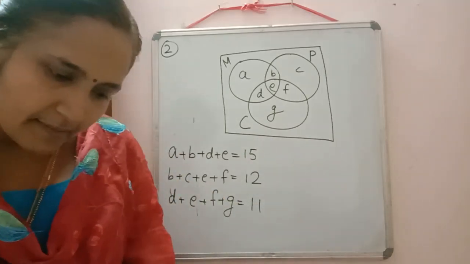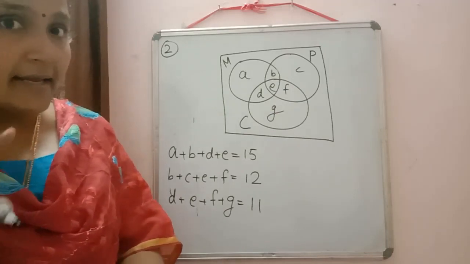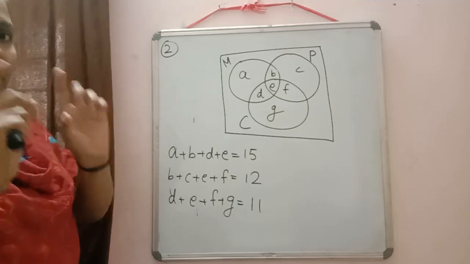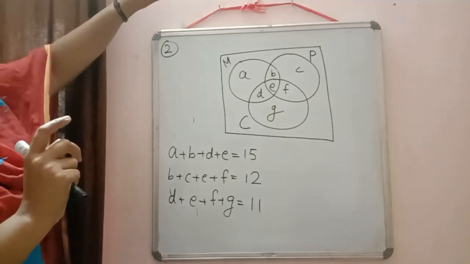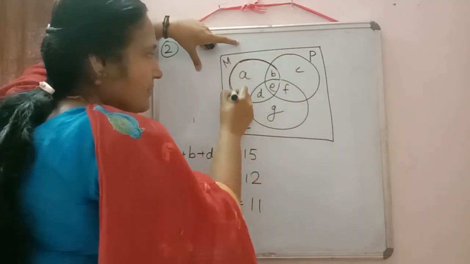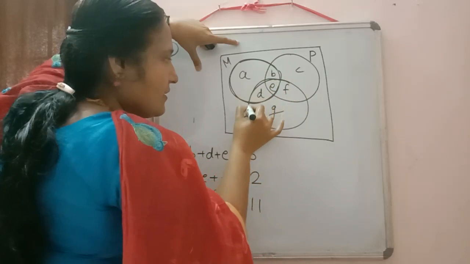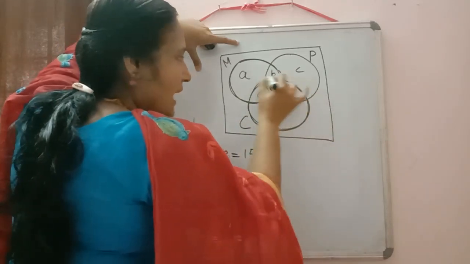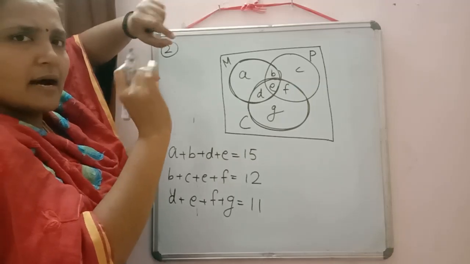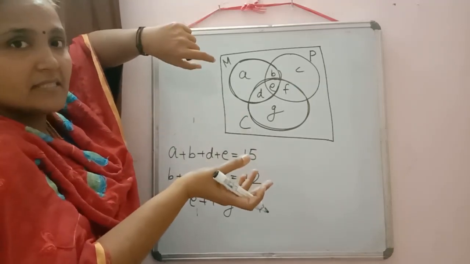Then what is written? 5 had taken mathematics and chemistry. So mathematics and chemistry both, 5 students. So we will check the set here. This is the set mathematics and then chemistry. Can you tell me which region denotes the students who are in both mathematics and chemistry?